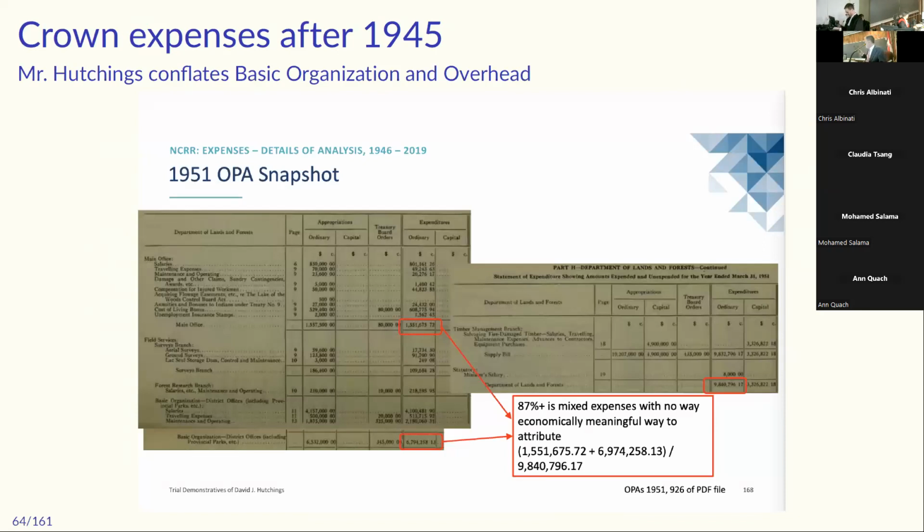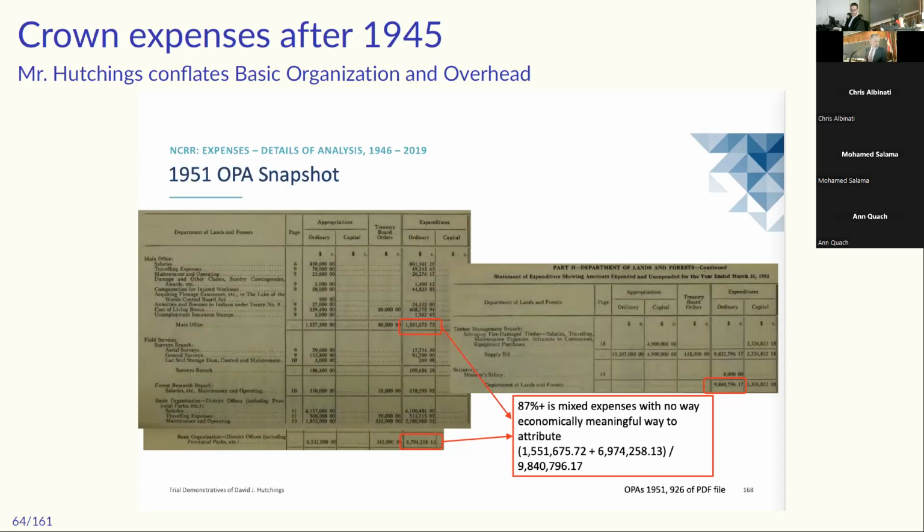Right after he's introduced this idea of compounded by the rise in overhead, he shows a snapshot of the 1951 public accounts of Ontario. So these are some of the data that we rely on after 1945 that he chooses not to. And notice that the first component of what's reported for the DLF in that year is the main office. And he highlights the 1,500,000 spent on main office. We agree that's overhead.